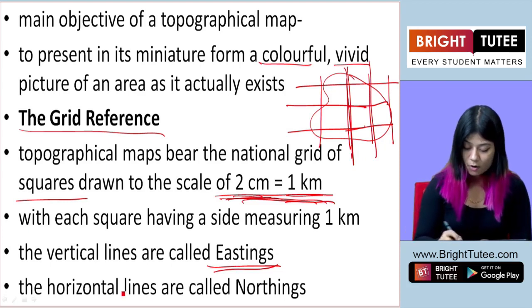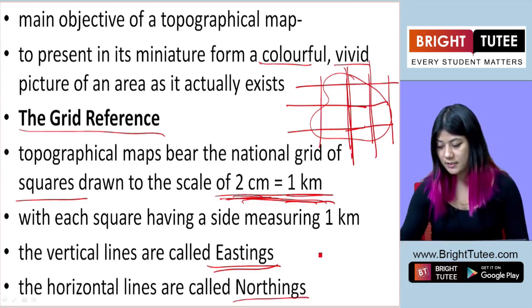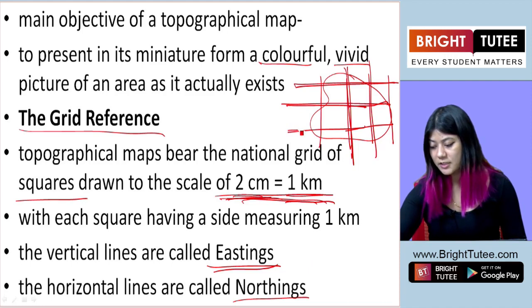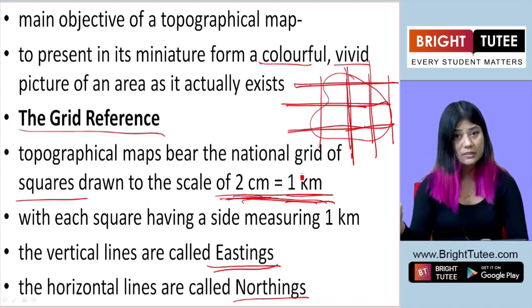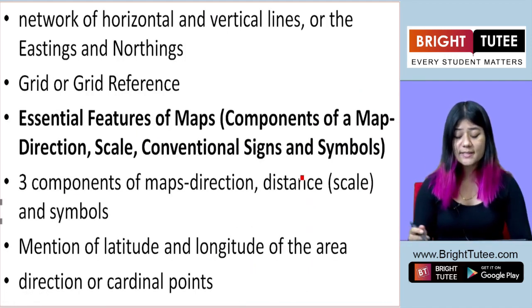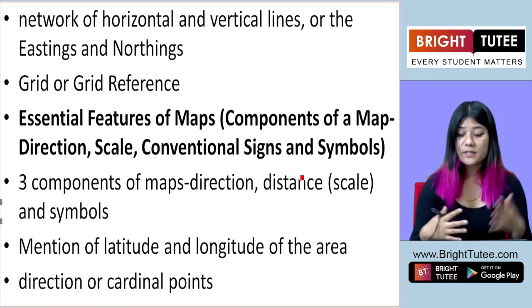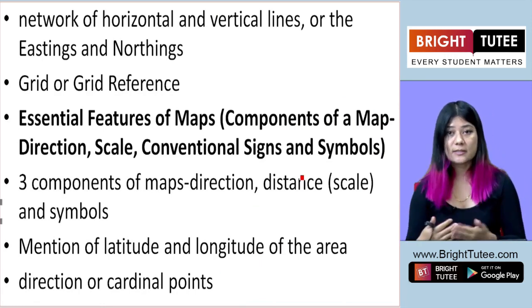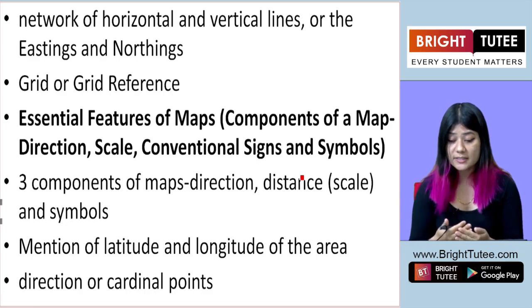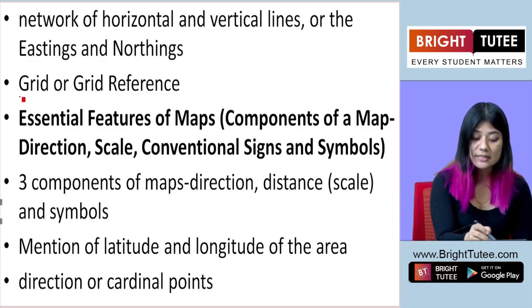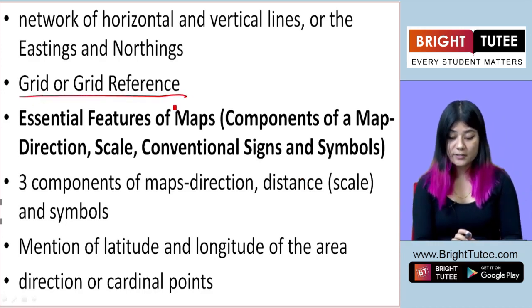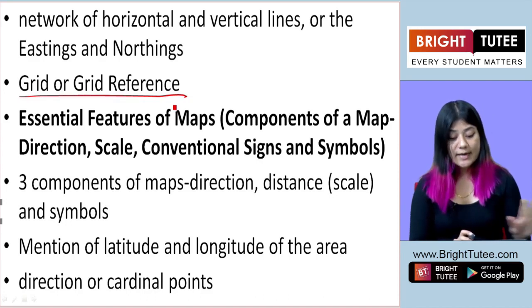And the horizontal lines are called northings, because they measure from north to south. The network of these horizontal and vertical lines, or eastings and northings, is called a grid or grid reference. Now those were the types of maps.